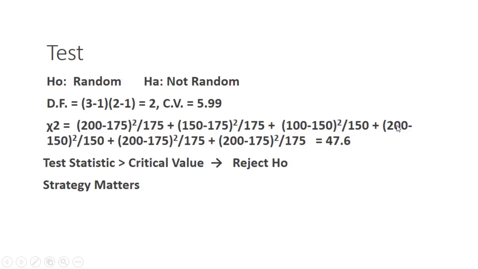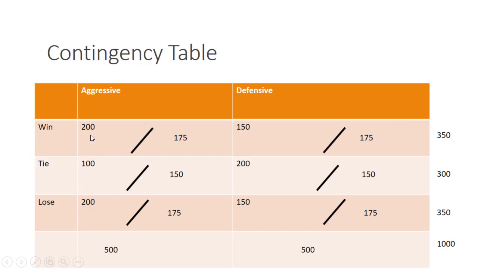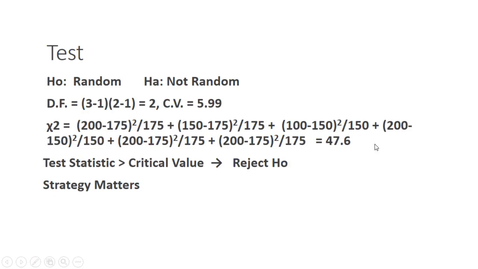Then I take all those numbers back here, 200 minus 175 squared over 175. 150 minus 175 squared over 175. We get 47.6. What does the 47.6 mean? It means nothing. It's just our test statistic, okay?